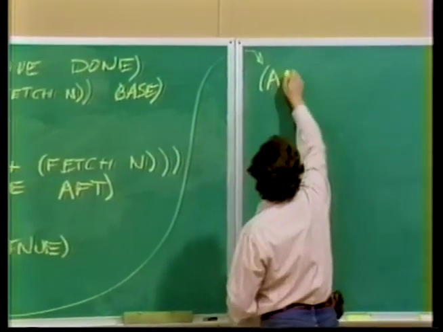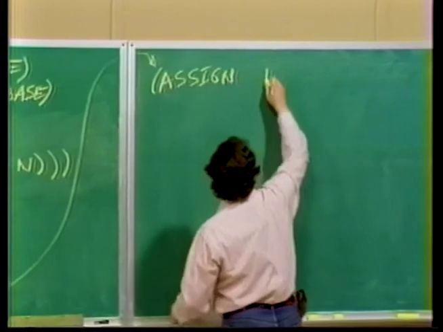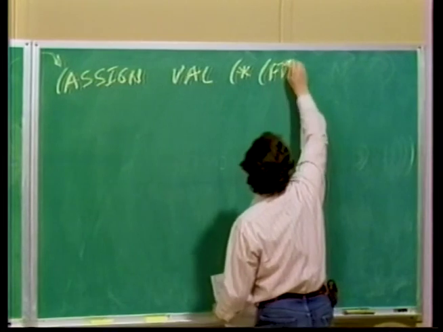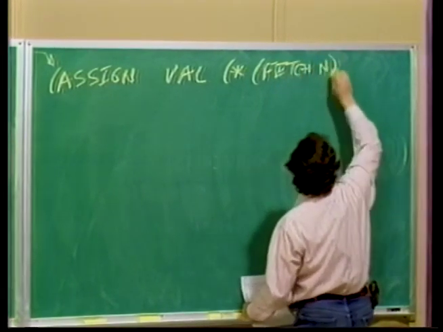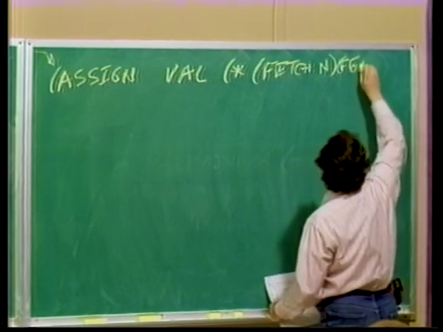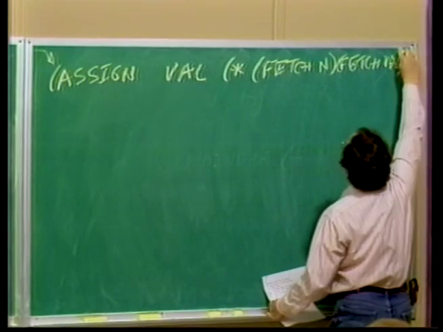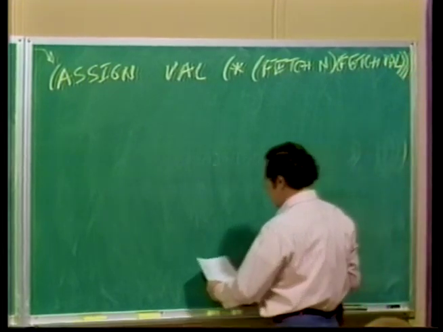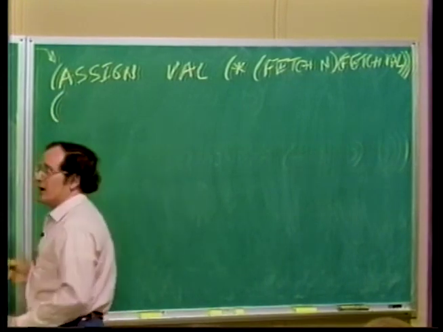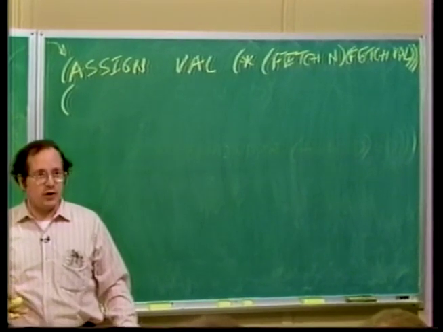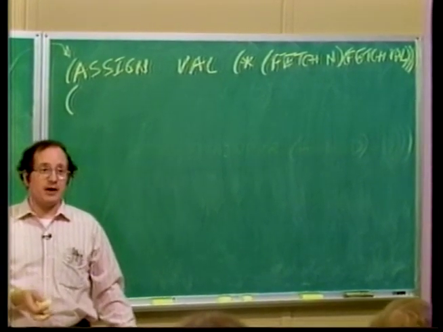I will assign to the val register the product of n and fetch val. Then I will be done. I will have my answer to the subfactorial in val. At that point, I'm going to return by going to the place where the continuation is pointing. That says go to fetch continue.